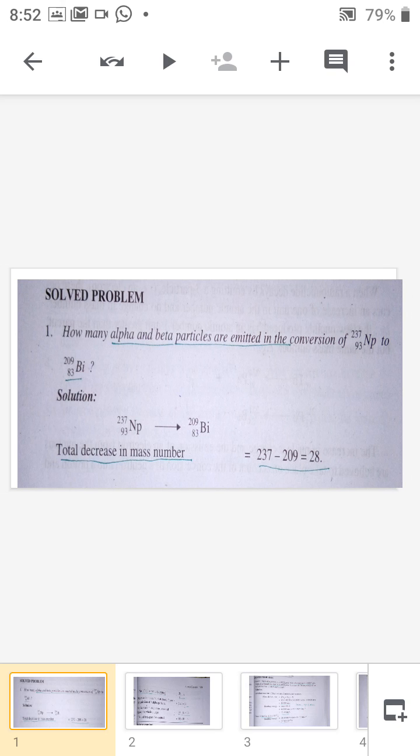First, we find the difference in mass number between the reactant and the product. The mass number is higher for the reactant than for the product. So 237 minus 209, we get 28.